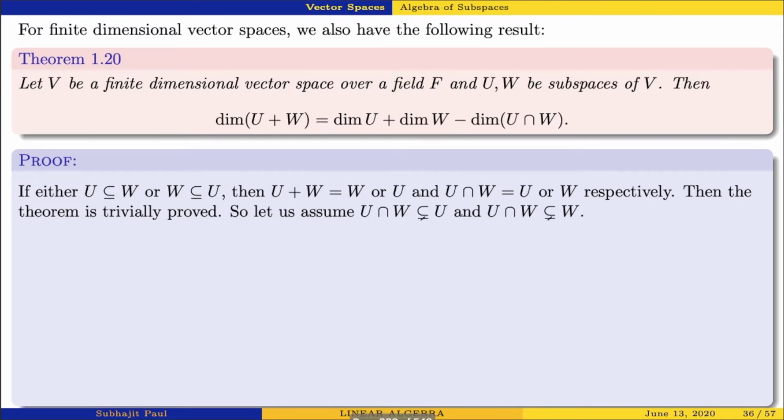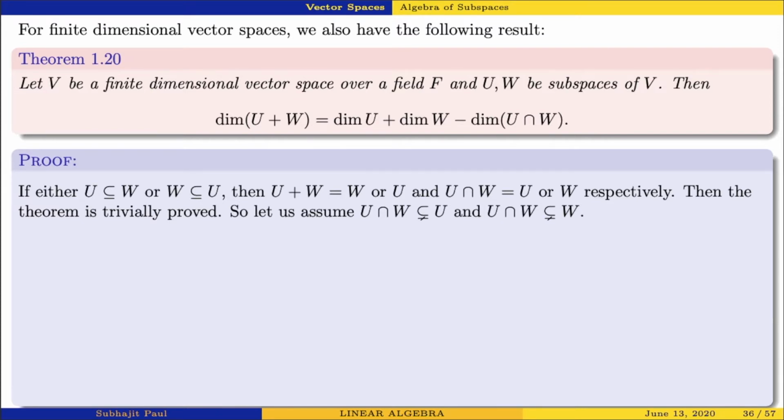So let us assume neither of them is contained in the other. That means U intersection W is strictly contained in U and strictly contained in W as well. They are proper subsets.